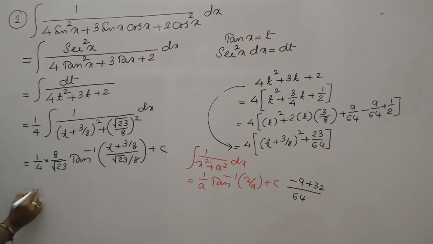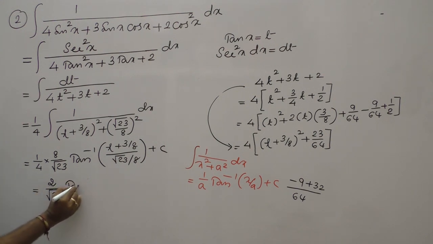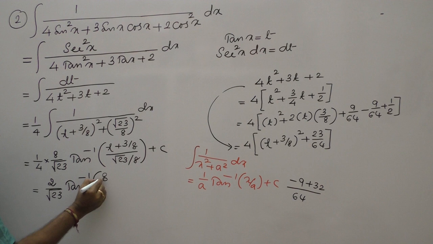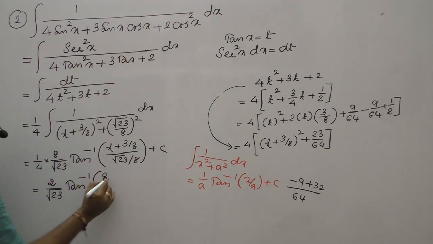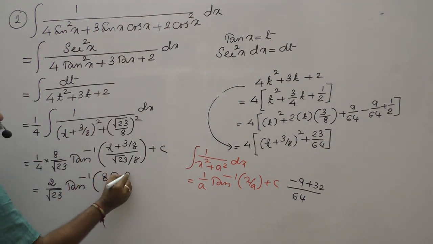Let us simplify this. 4 gets cancelled 2 times. 2 divided by root 23, and we have tan inverse of, if I take LCM, I will be getting 8t. What is t? T is tan x, plus 3 will be there.